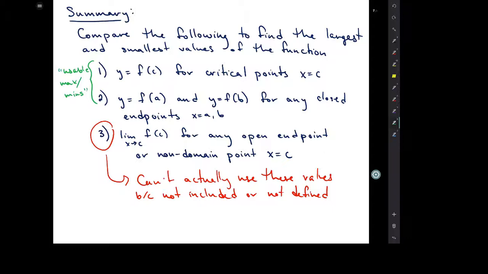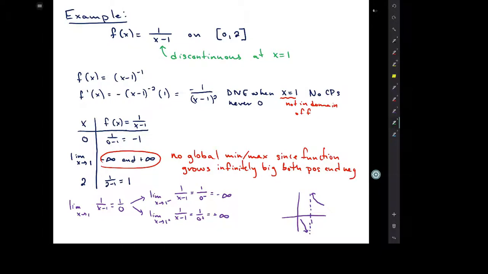But as we saw in the last example, I'll flip back to that for a second, x equals 0, I have y equals 1. This is not a min. This is not the global min, because the function gets smaller than that, because the function goes to negative infinity.